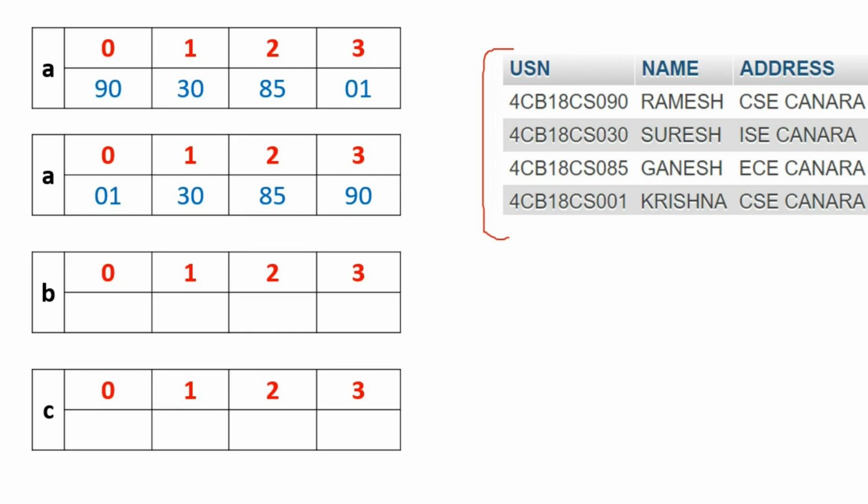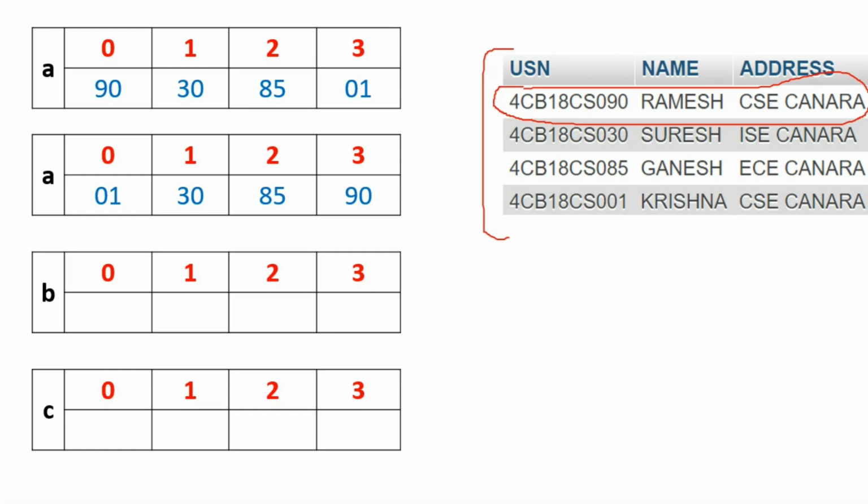Whenever you consider this, we can access every row at a time, right? If I access one row using the MySQL fetch assoc function, I can sort that array, like USN, name and address can be sorted, right?